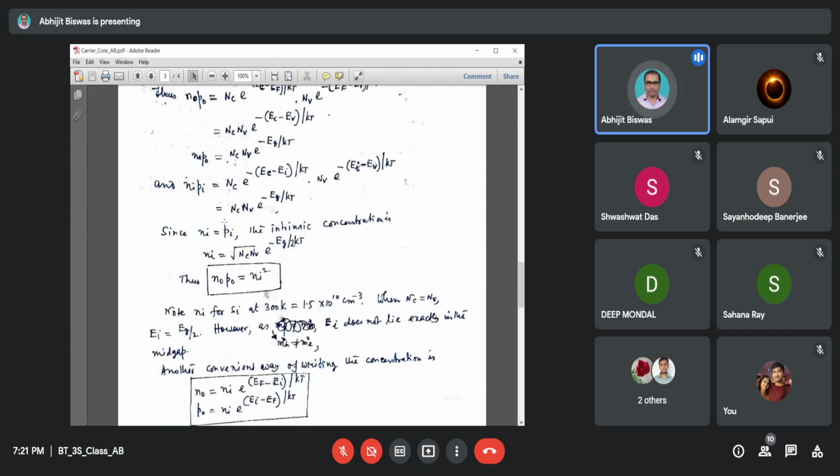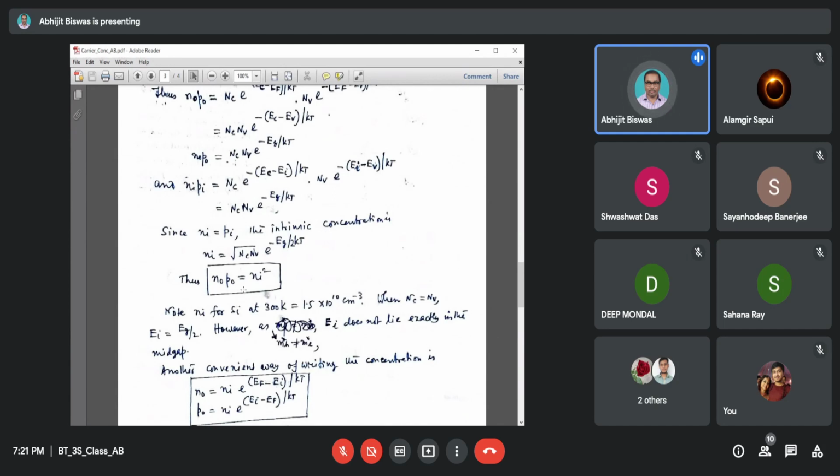So intrinsic electron concentration Ni and intrinsic hole concentration Pi can be given by Nc e to the power minus Ec minus Ei by kT, Nv e to the power minus Ei minus Ev by kT. Again, it is equal to Nc Nv into e to the power minus Eg by kT.